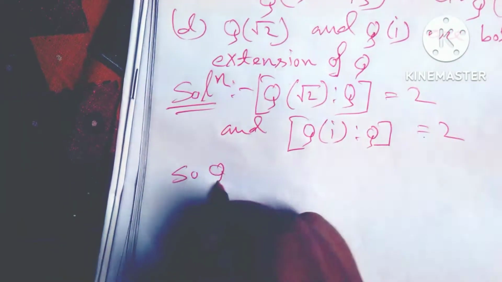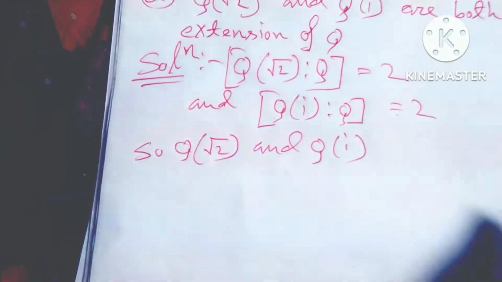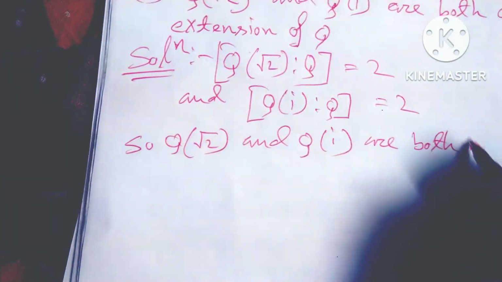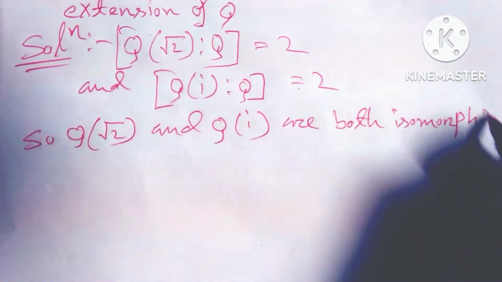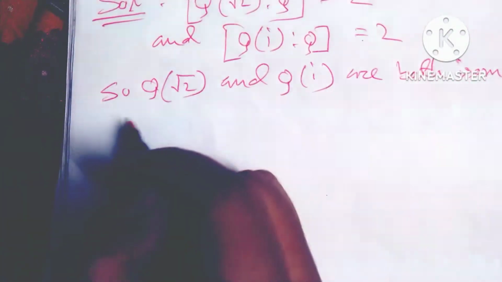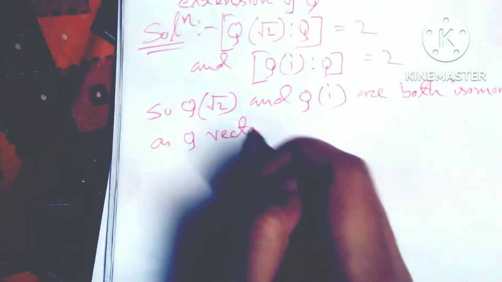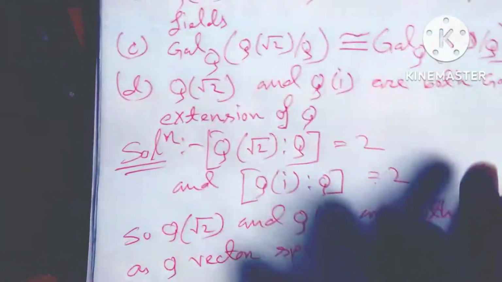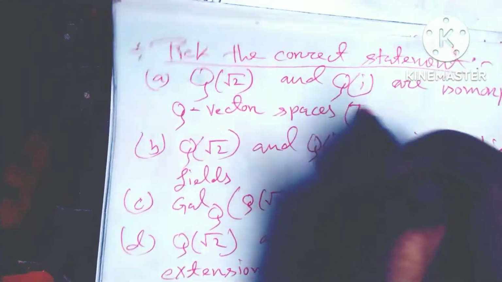So Q(root 2) and Q(i) are both isomorphic as Q-vector spaces. So option A is correct. This option is true.